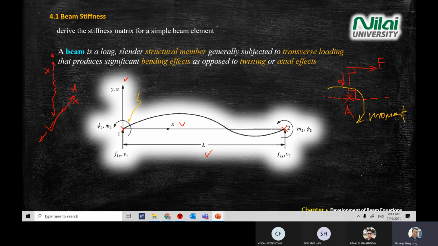The moment at point 1 is due to the effect of F2y times L, which gives M1.